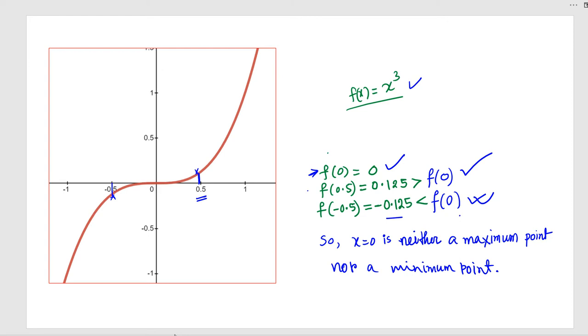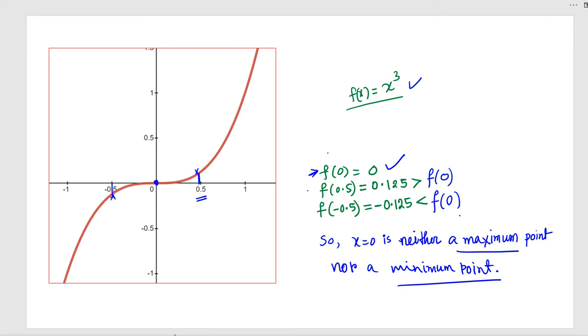But if this is a minimum point, then both these inequalities will be of the same type. But if it is a less than type, then it will be only one type of inequality. Okay, so what happens? For this function, this point x naught is neither a maximum point nor a minimum point.